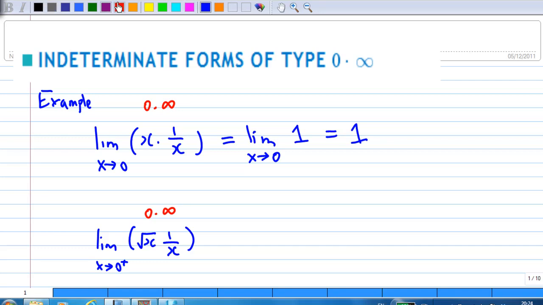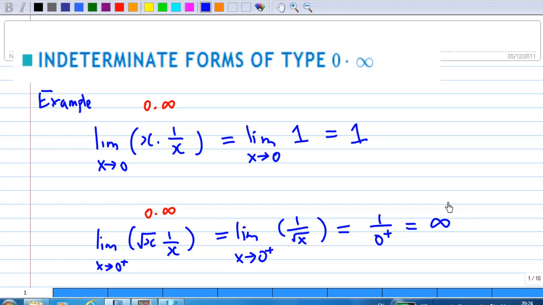However, this is equal to the limit as x approaches 0 from the right of square root x divided by x, which is 1 over square root x. This is equal to 1 over 0 plus, and we know that this is infinity. So 0 times infinity is an indeterminate form.